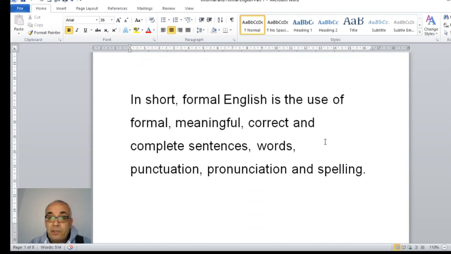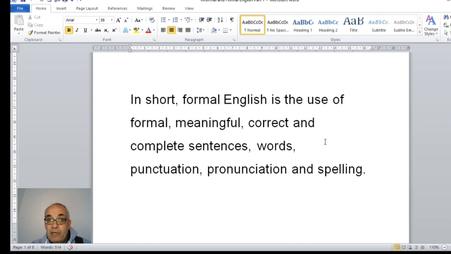In short, in brief, formal English is the use of formal, meaningful, correct and complete sentences, words, punctuation, pronunciation and spelling. This is a very short explanation of formal English, very brief.